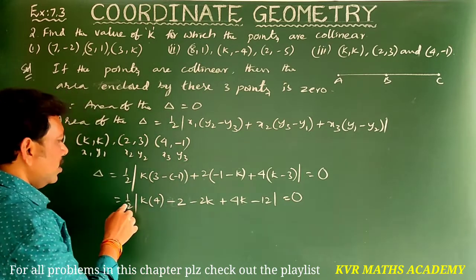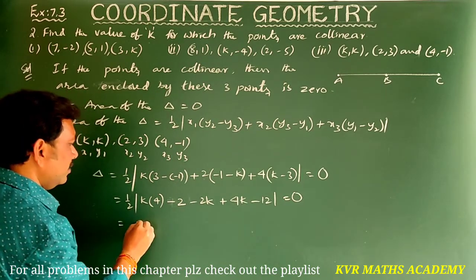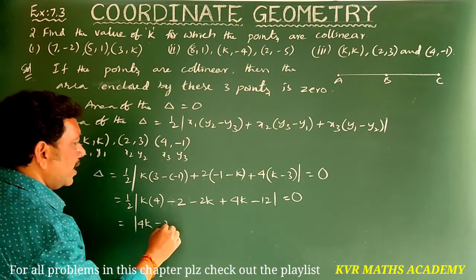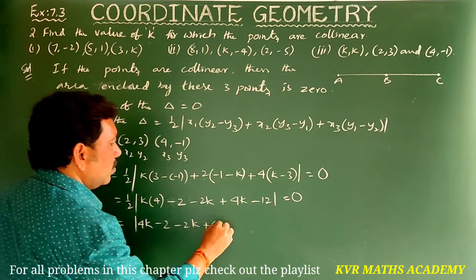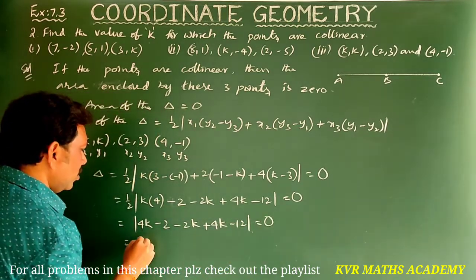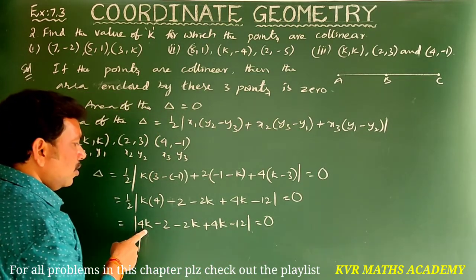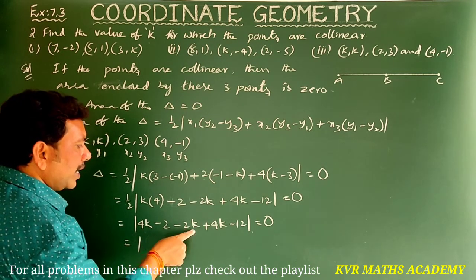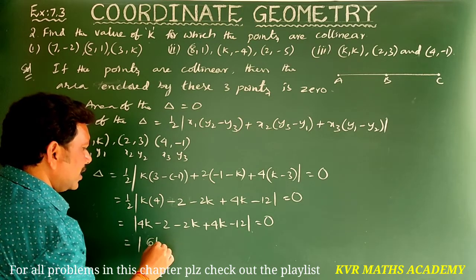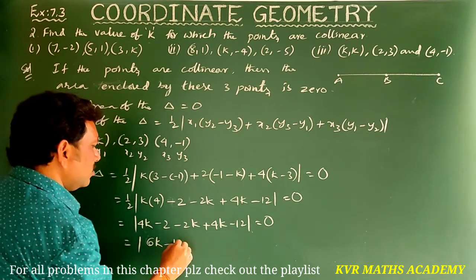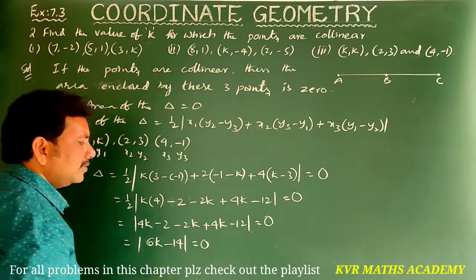Right, that is equal to half transferred to this side. This is 4k, modulus of 4k minus 2 minus 2k plus 4k minus 12 is equal to 0. Right, that is equal to modulus of 4k plus 4k, 8k. 8k minus 2k is 6k, minus 2 minus 12, minus 14 should be equal to 0.